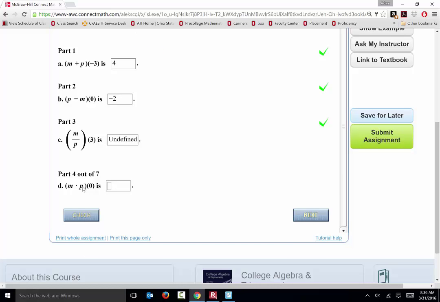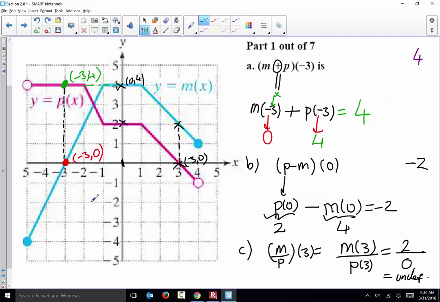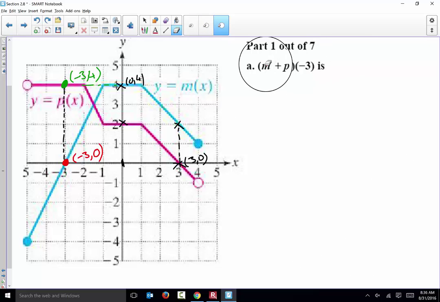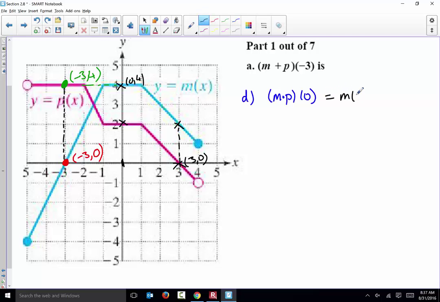Alright, multiply at 0. So that means you compute M of 0, P of 0, and multiply them.